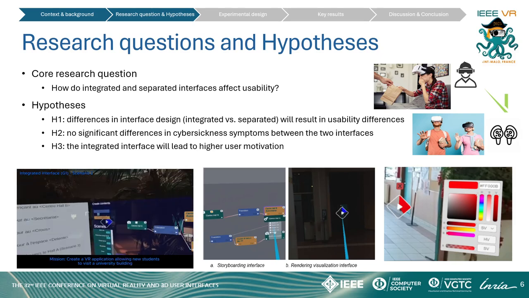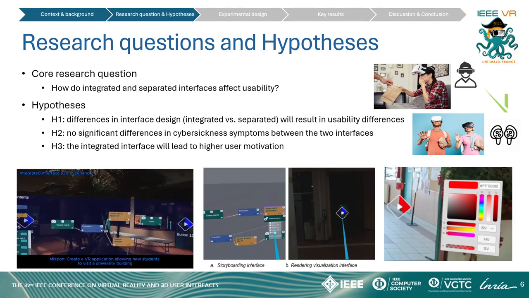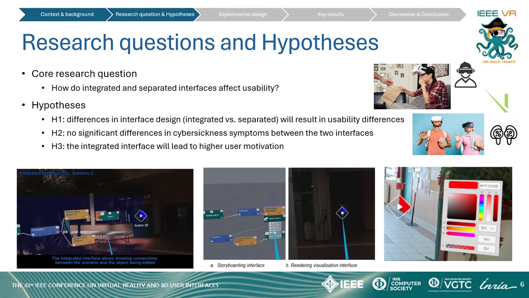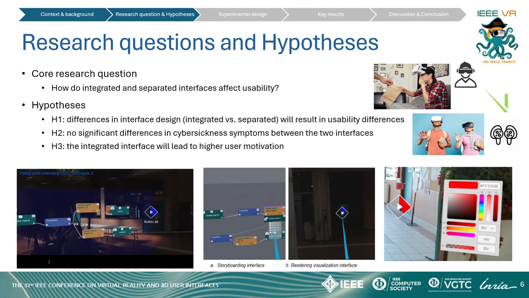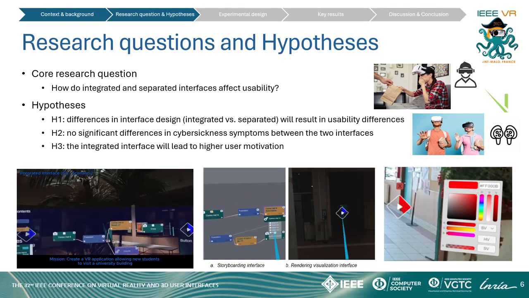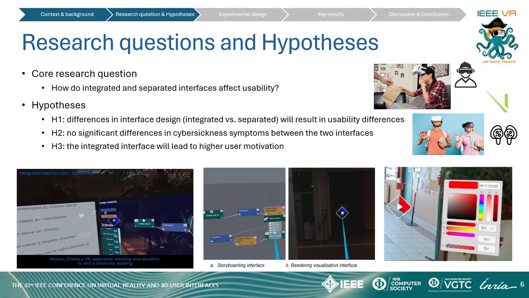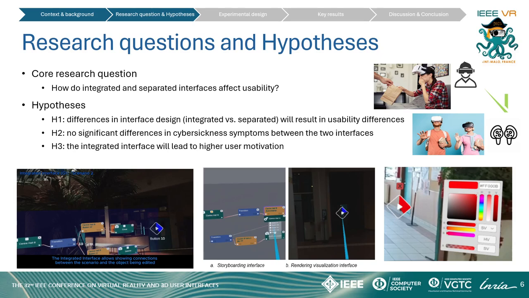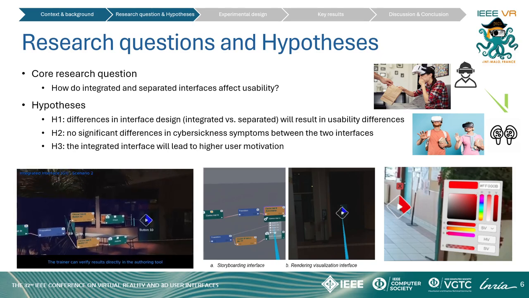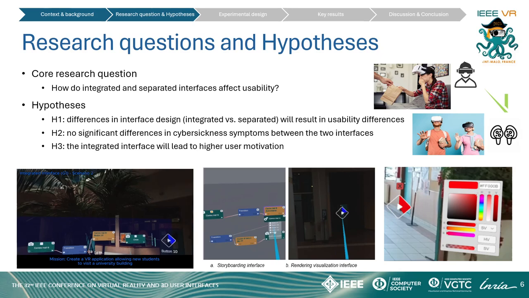The second: there will be no significant difference in cybersickness symptoms between the two VR interfaces. And the last one: the integrated interface will lead to higher user motivation due to a more seamless workflow.